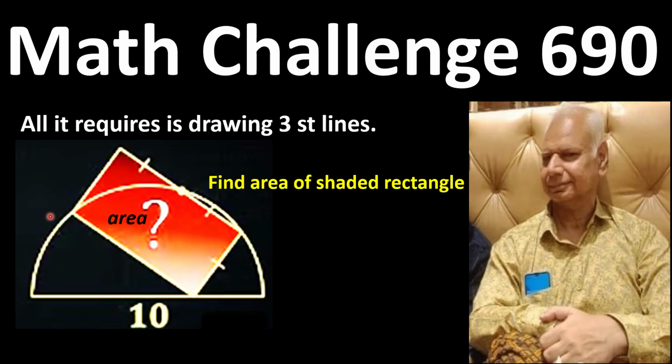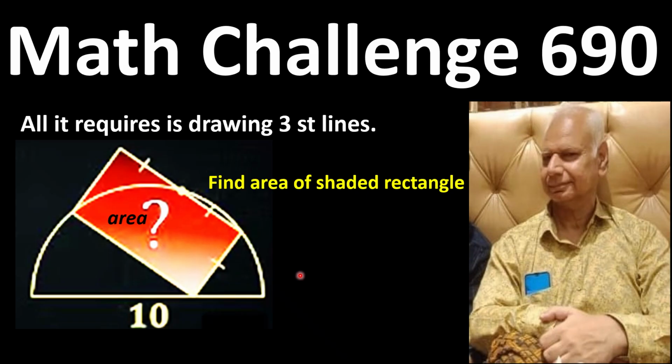So one vertex is on the circumference and the midpoint of the height of the rectangle is also on the circumference. The third vertex is on the circumference and the fourth vertex is somewhere on the diameter. We have to find the area of the shaded rectangle.